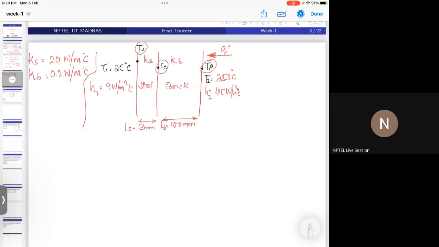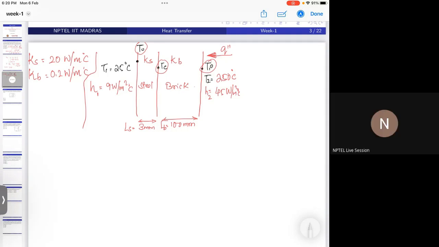Okay, anybody got this T0? At least one temperature. Anyone? T0, TC, or TI? So T0 is coming out to be 25.